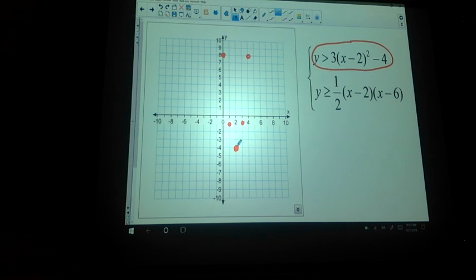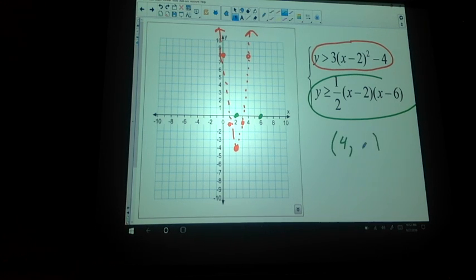Y-intercept. Dotted line. All right. This one we have an intercept, so we have (2, 0) and (6, 0). And then halfway between those points is 4.